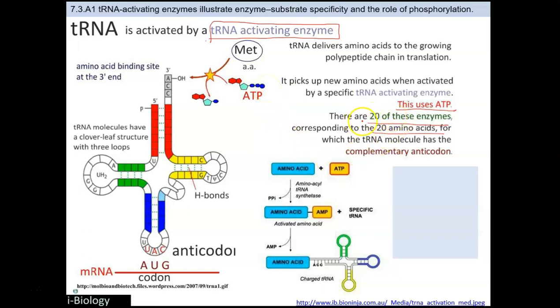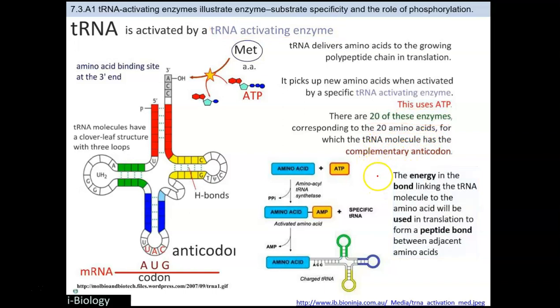So we have 20 of these enzymes corresponding to 20 amino acids, for which the tRNA molecule has a complementary anticodon. And the energy that will be used for this activation is coming from the ATP. That's what I just explained.